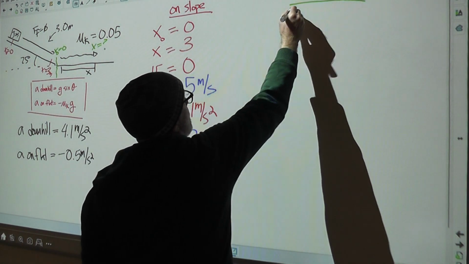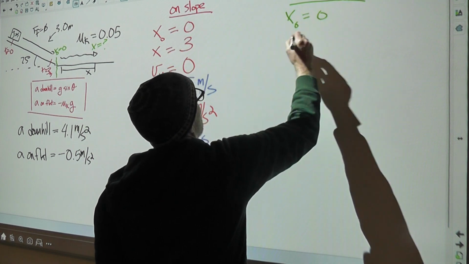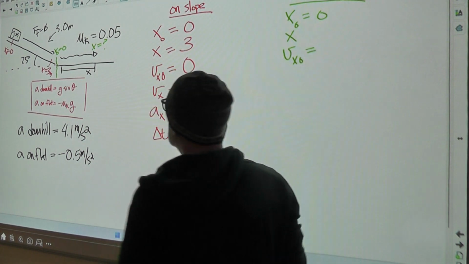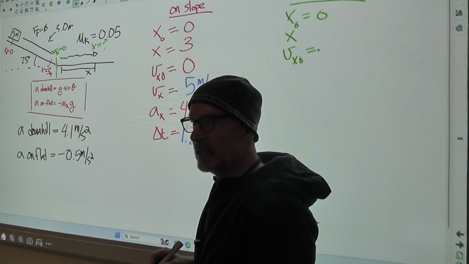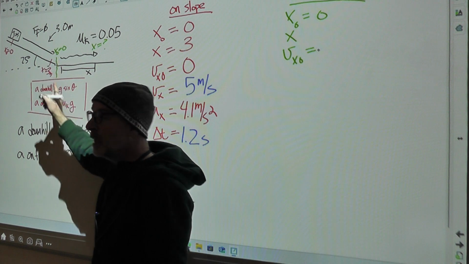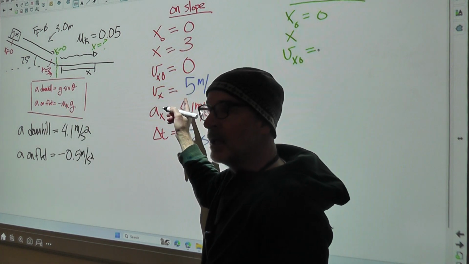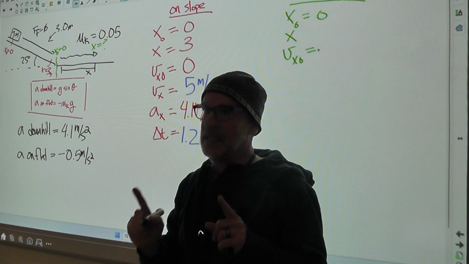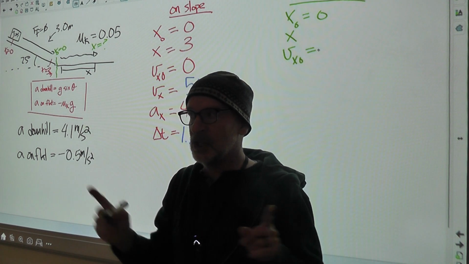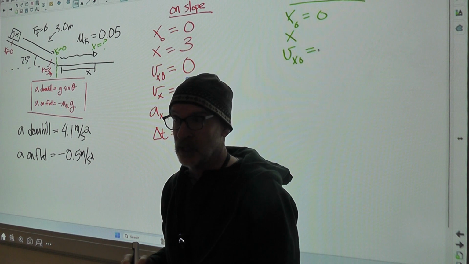So our initial position is 0. Final position is unknown. Our initial velocity, we're not told what his initial velocity is. He's not starting from rest. But we figured it out, didn't we? This is how fast he's going. Now, some of you might be like, wait a second, something's going to happen when he hits the bottom. Something is going to shift. And you're right, something would shift.